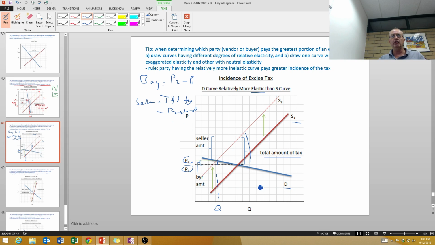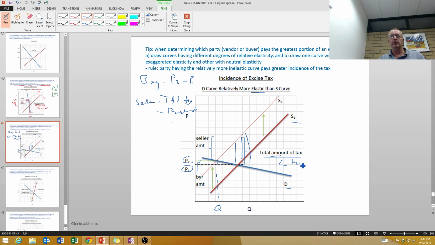So we can see in this example, here's the total amount of the tax, this amount here, and the buyer amount is quite small.